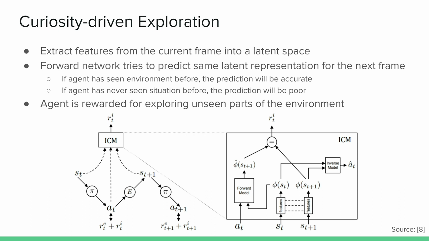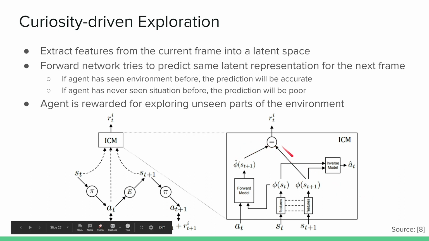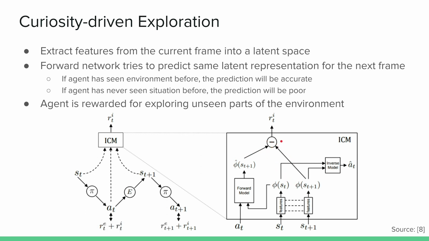that way what happens is that when the agent is in an environment where it has been before, the prediction of the next state will be quite accurate because it has already seen this before, so it knows how the environment will look like a little bit into the future. Therefore, when we take now the difference between these two things and use that as an additional reward, we will see that if it has already seen this before, the reward that it gets from this component here will be low.